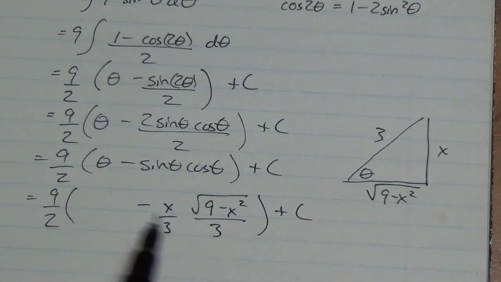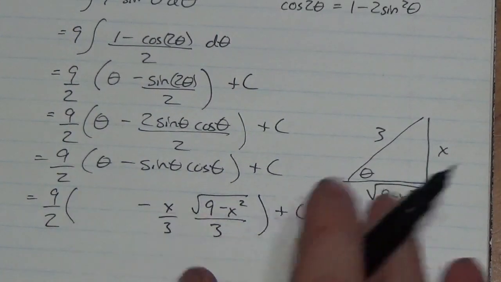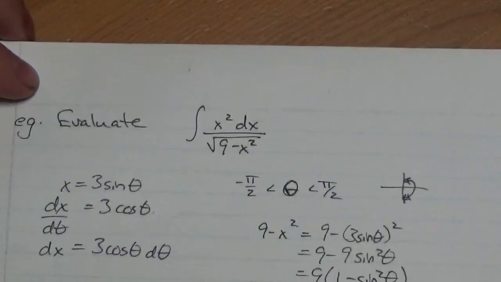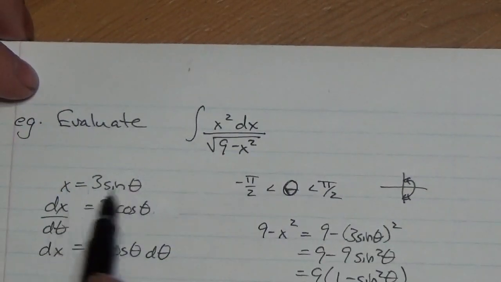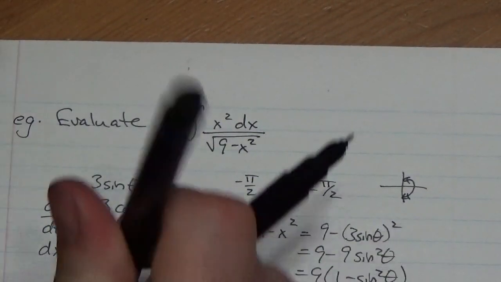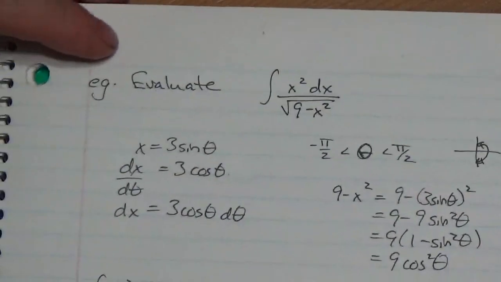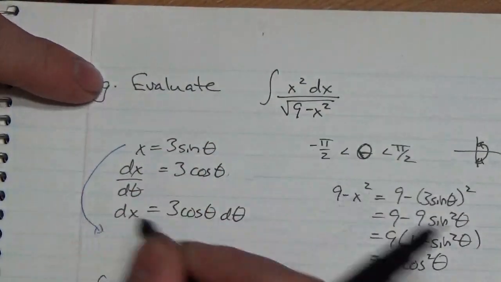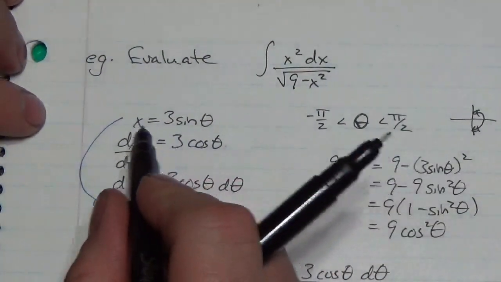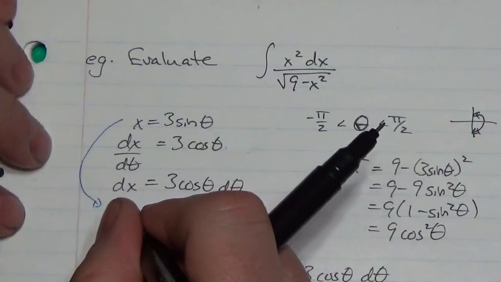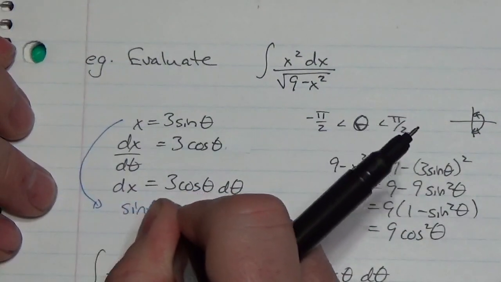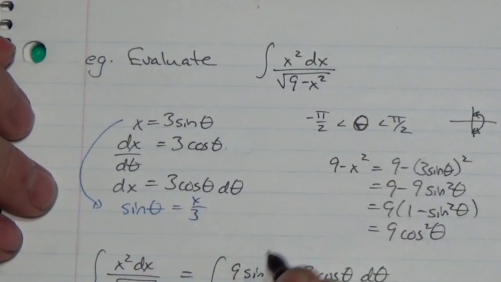Okay, so what's theta? How do I work with theta? Well, I got to go way back up to here. And actually, maybe what we'll do is we'll bring this down here. If x is equal to 3 sine theta, then I know the sine of theta is equal to x over 3.